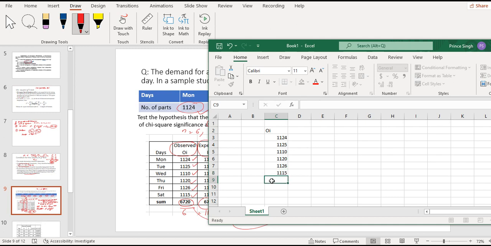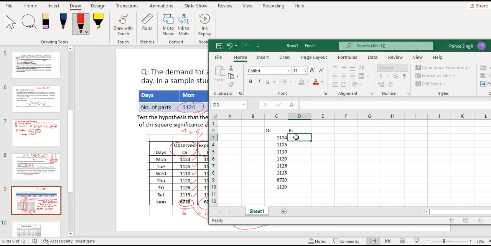And if we take the sum of all these observations, its value comes out to be 6720, right? And what will be the expected frequency? For expected frequency I simply divide this number by 6, which gives us the expected frequency 1120. So what is our expected frequency?